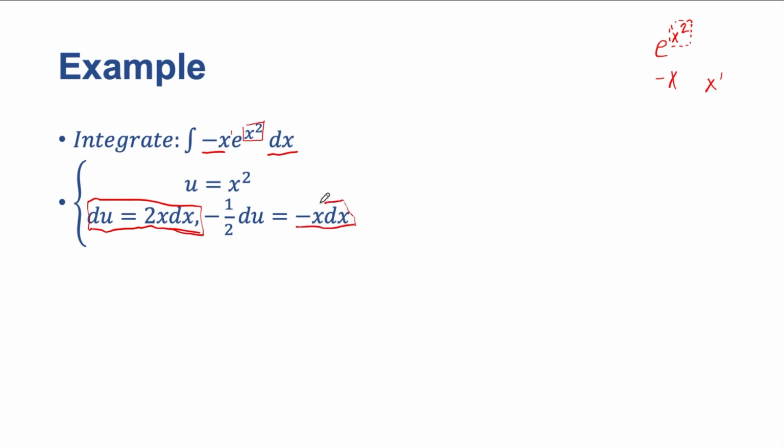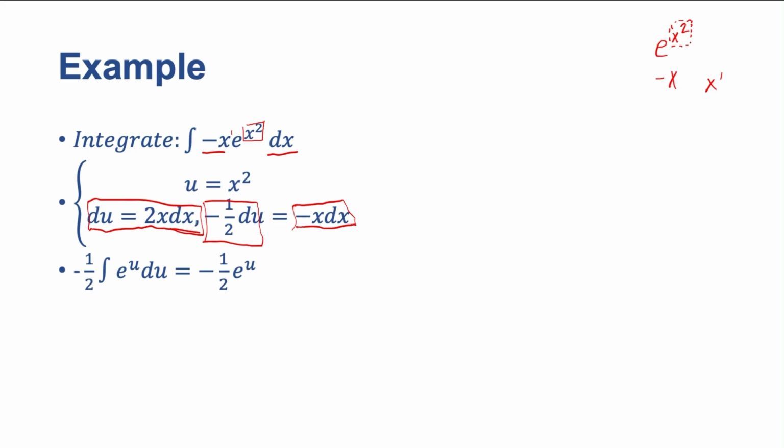And this is exactly what we're looking for, because this goes right into our integrand. This is what's in our integrand. So we can substitute this into the integrand, and we will be left with something that's both able to be integrated and also something that is easy, something that is in the table, in fact.